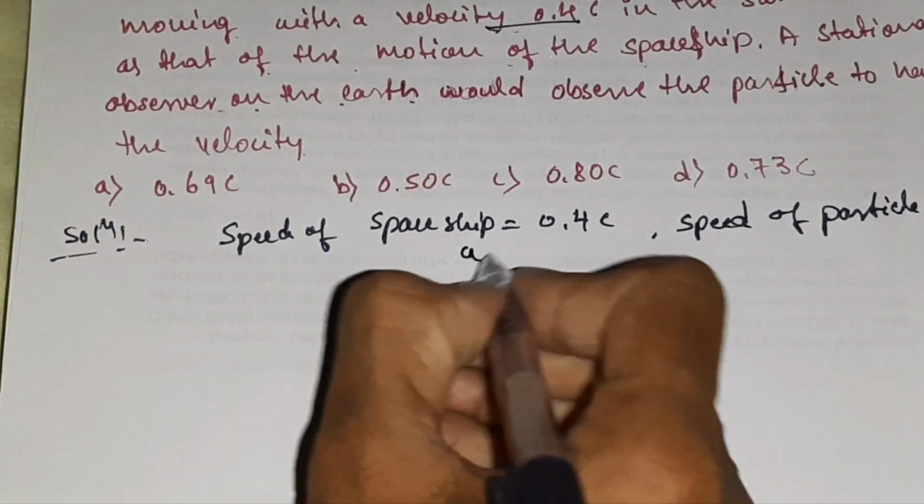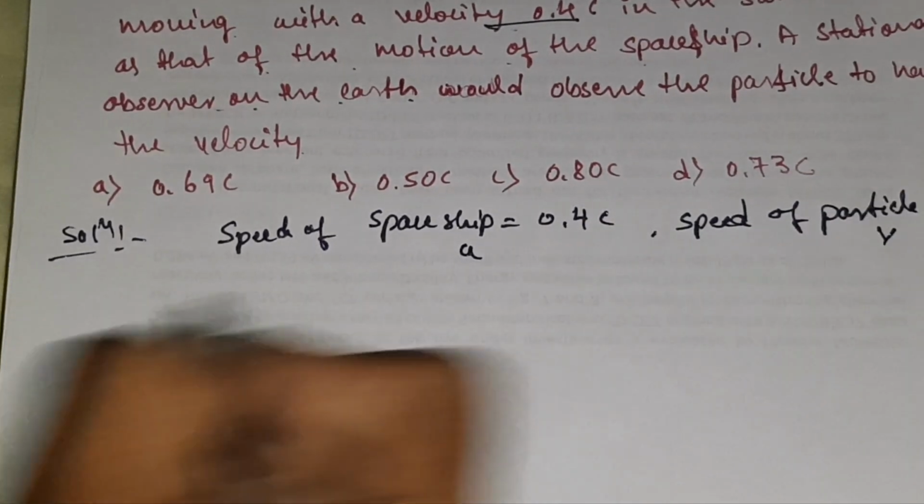You can just denote the speed of the spaceship by small u, and the speed of the particle by v.